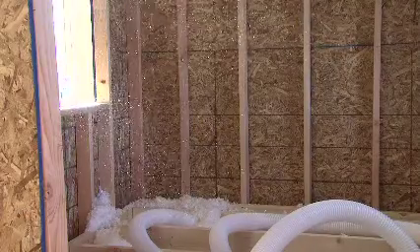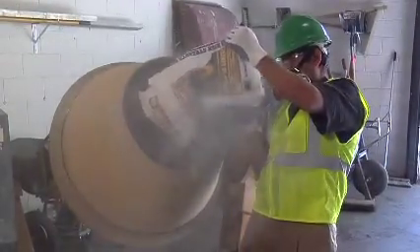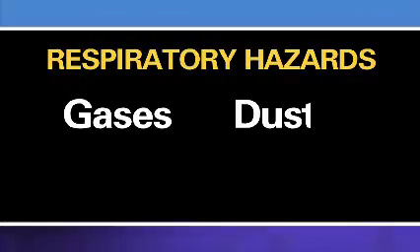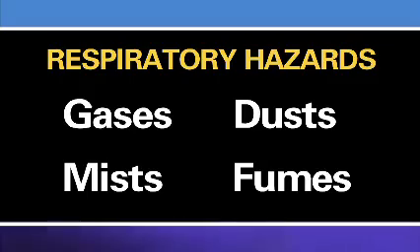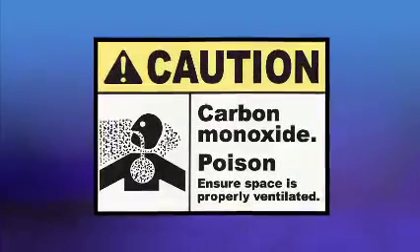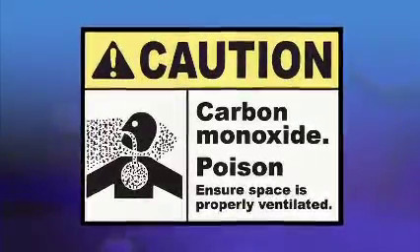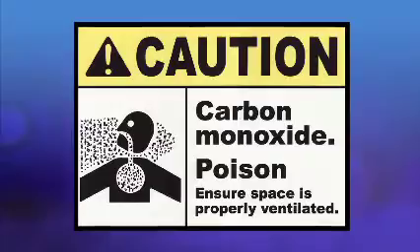Gases, dusts, mists, and fumes may be present at construction work sites. Some of these can make you sick or kill you if you breathe them in. These gases, dusts, mists, and fumes are referred to as respiratory hazards. Some respiratory hazards act quickly, like carbon monoxide, which can make you unconscious or kill you in minutes.